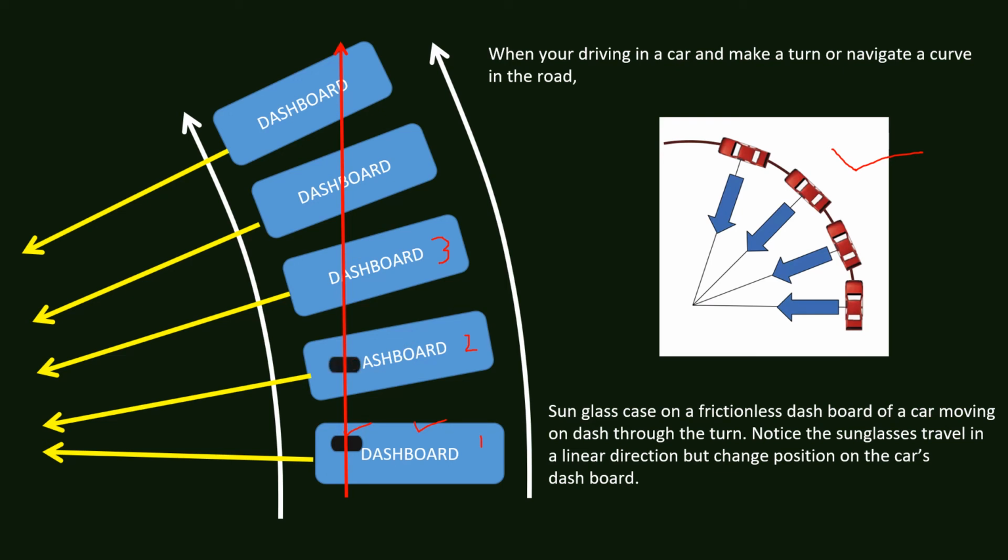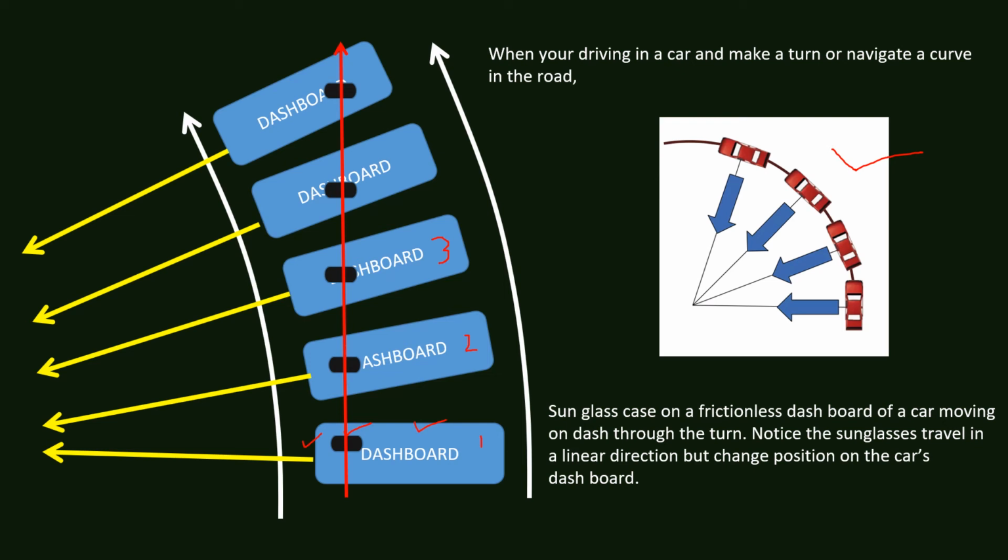Now in frame 2, as the car is starting to go through the curve, the sunglass case has displaced. We find that now it's getting closer to the center of the dashboard, where in the initial frame it was on the left side of the dashboard. This frame shows it is now at the center of the dashboard, and finally it's over here near the other side, the right side of the dashboard.